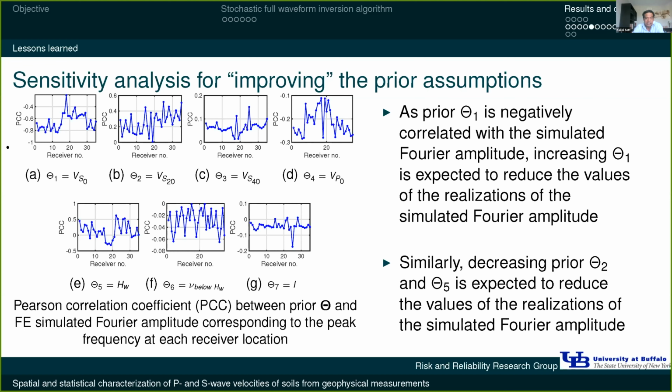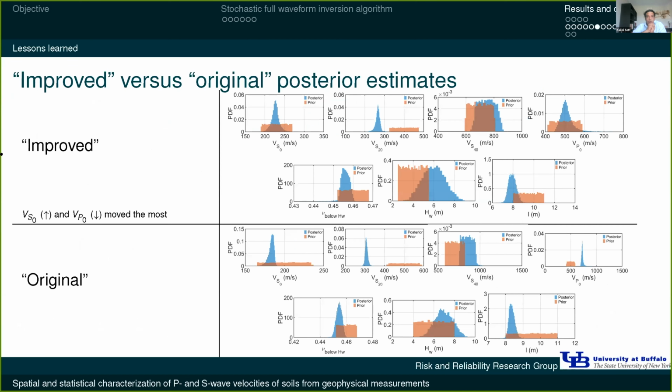So increasing theta is expected to reduce the values of the Fourier amplitude. And we could get similar observations comparing theta 2 and theta 5. So accordingly, we improved the prior and redid the posterior analysis.